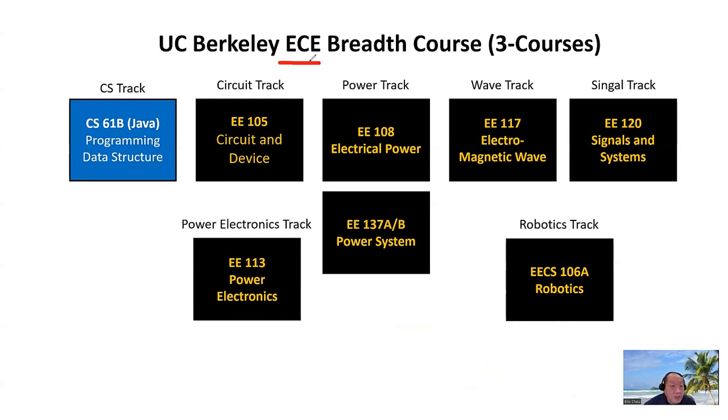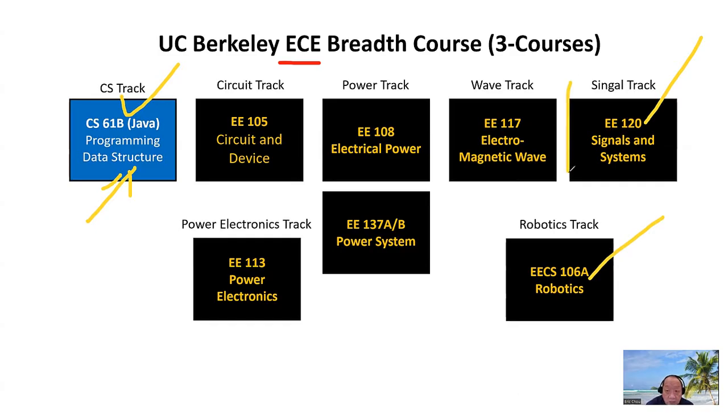Okay, but here, if you want to stay as close to EECS as possible, we will actually recommend you take 61B as well. That one will satisfy your requirement for EECS, and also this one, Signals and Systems, and also 106 Robotics.